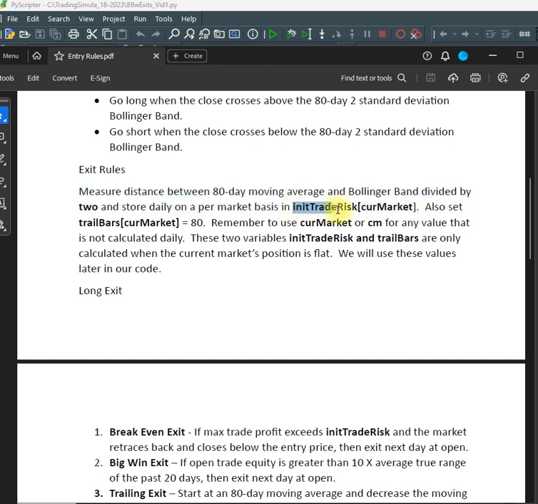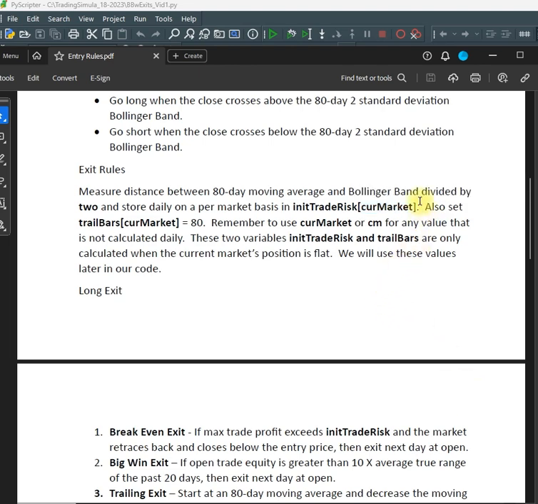This variable is going to be market specific, so we have to index the variable with the current market, because I'm not calculating it on every bar. If I was calculating it on every bar, then we wouldn't need to worry about including the current market index. By using current market, we're saying this variable is different for each market, and it's not calculated on a daily basis, but every once in a while.